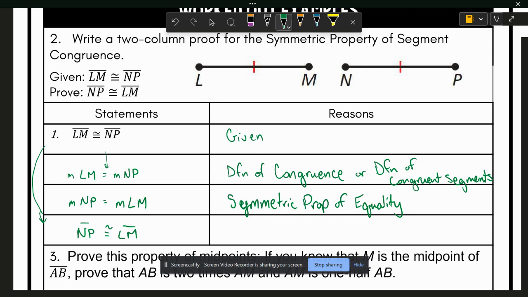And then I go from equality again back to congruence for my last step. That is the definition of congruence. So we had to go to equality in order to switch them, and then we can go back into congruence.